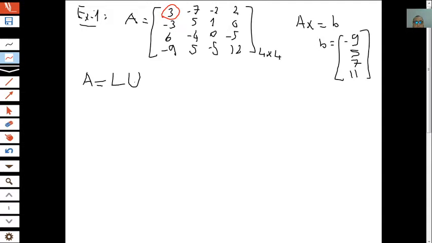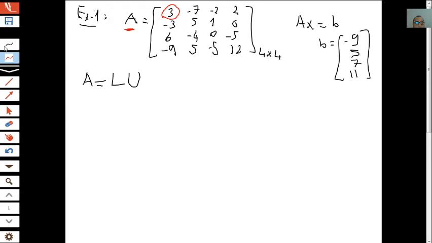And to find the echelon form of this matrix, we have to find 0 for all entries in the first column except the pivot position. The minus 3 should be 0, 6 should be 0, and minus 9 should be 0.